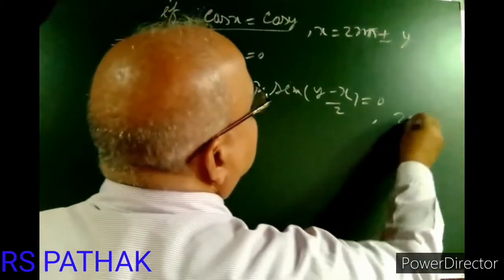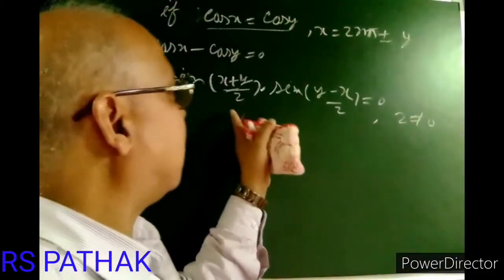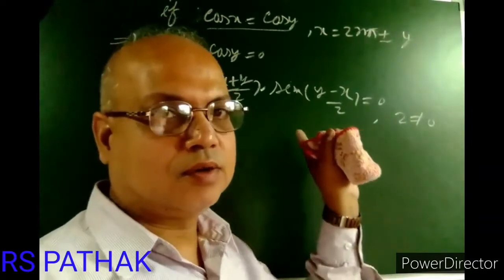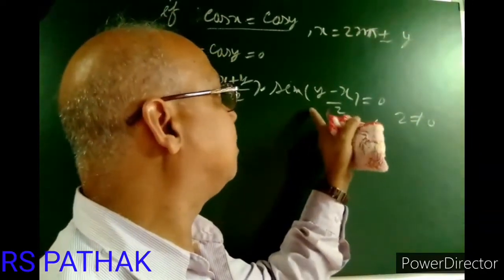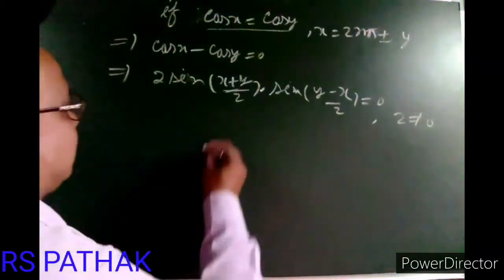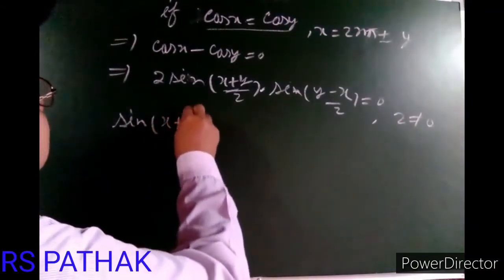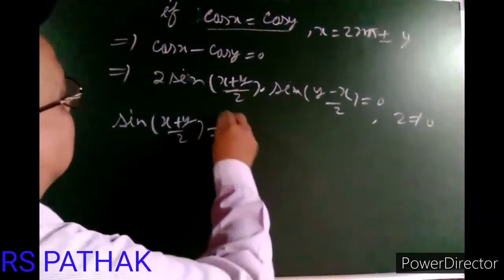Here 2 is not equal to 0. Then sin (x plus y) upon 2 equal to 0, or sin (y minus x) upon 2 equal to 0. I am taking first sin (x plus y) upon 2 is equal to 0.